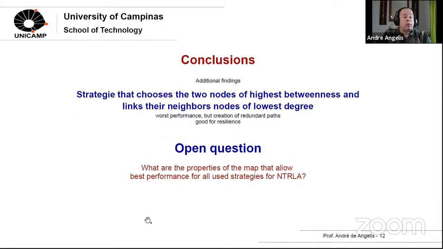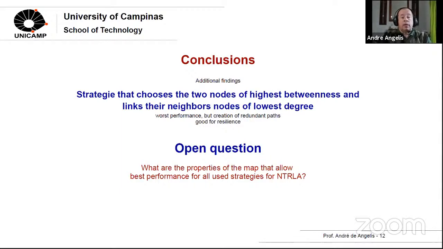I'd like to highlight some additional findings. The strategy that chooses the two nodes of the highest betweenness and links the neighbor nodes of the lowest degree had the worst performance.